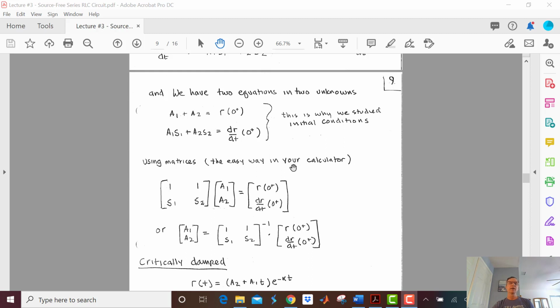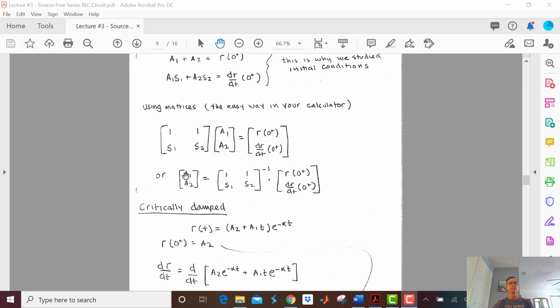But the point here is you have a simple little 2x2 matrix, really good time to go become an expert at solving matrices on your calculator. Here's the equation you want to solve. You just get A1 and A2 by inverting this matrix and then multiplying it by these constants here.